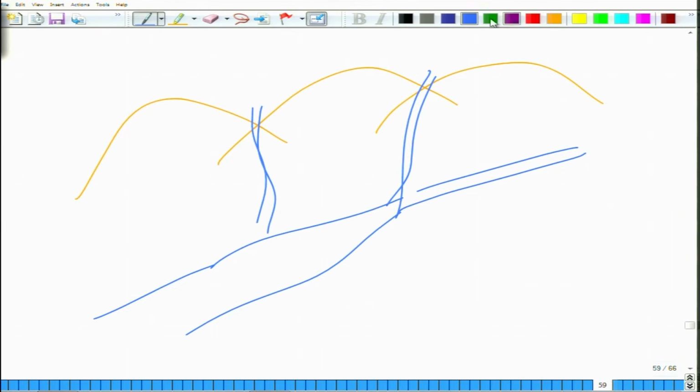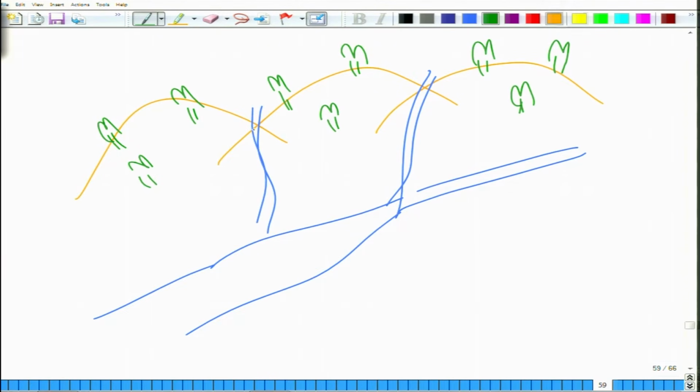Now, these small hills have trees, and these trees are binding the soil, and because they are binding the soil, so soil is not able to reach out through these rivulets and into the main river.